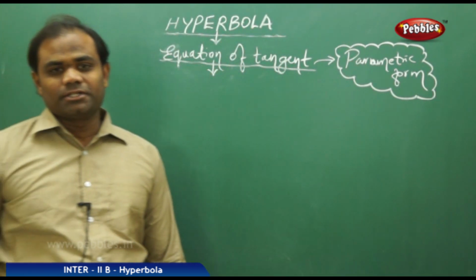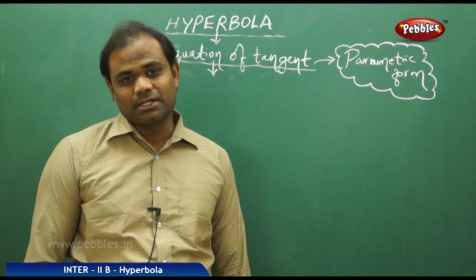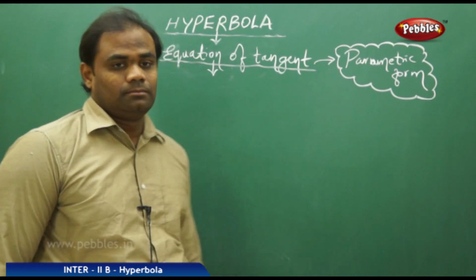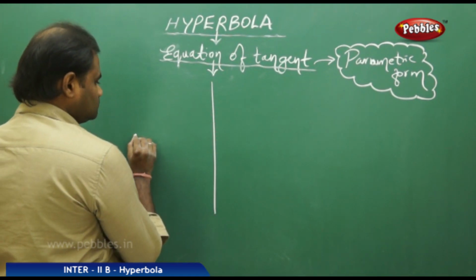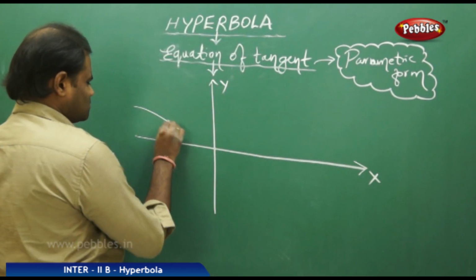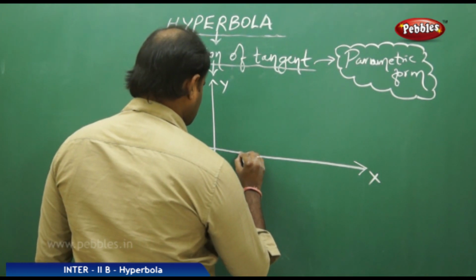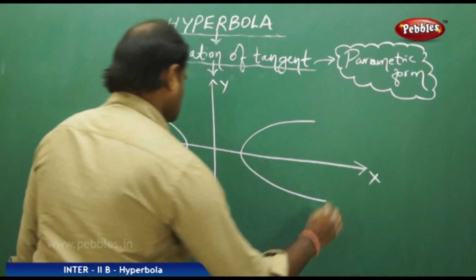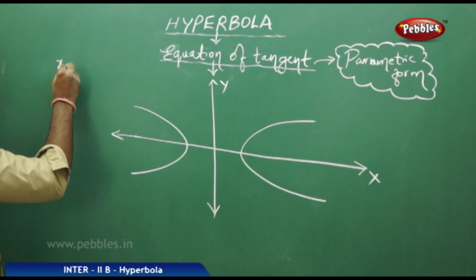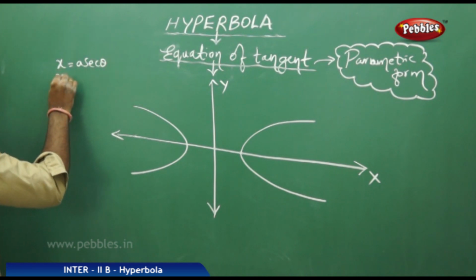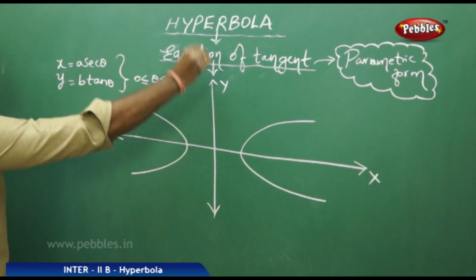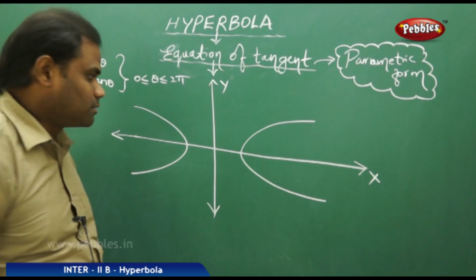Now we know that the parametric equations of the hyperbola are x equal to a secant theta and y equal to b tan theta, for 0 less than or equal to theta less than 2 pi. Let me find the equation of tangent in parametric form.